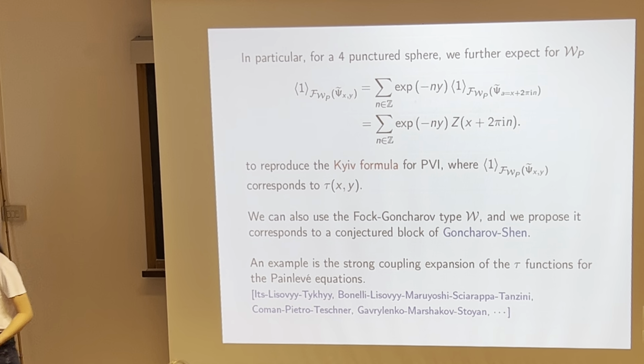And we conjecture that it should correspond to the generic conformal blocks corresponding to some triangulations which appear in the work by Goncharov and Shen. An example of this will be the strong coupling expansion of the tau function, where the two parameters x and y will be interpreted as the Fock-Goncharov coordinates, which are the initial conditions there.